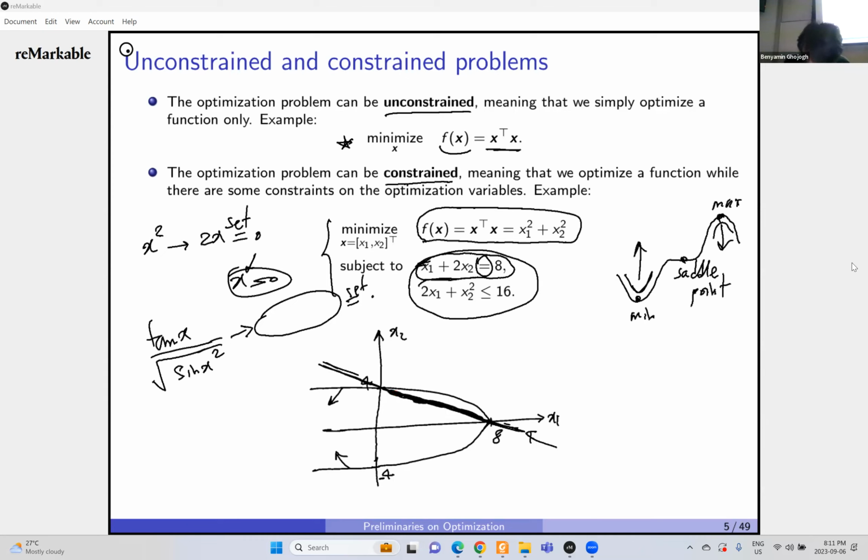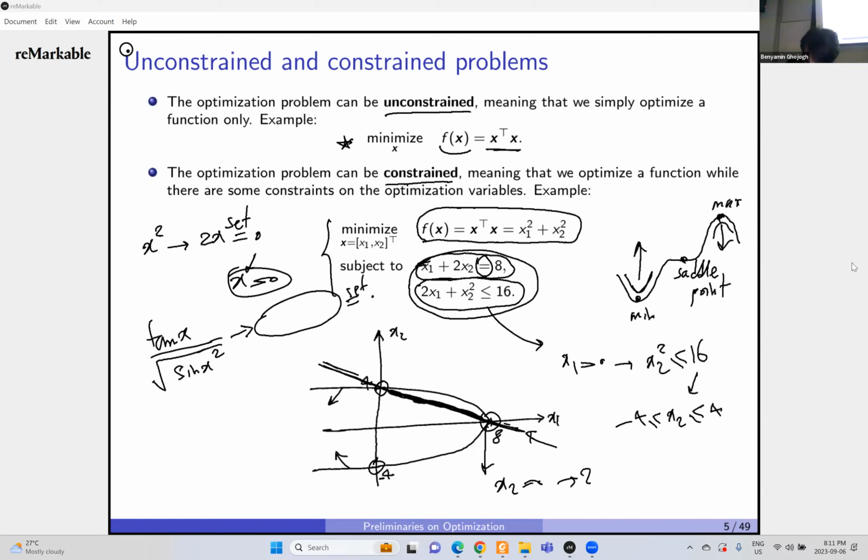Now take a look at the second constraint. This is a quadratic function. You can find 3 points by putting points in it. For example, if you set x1 to 0, what happens? x2 squared is less than 16, then x2 is between -4 and 4. So you found these 2 points. You can also find this point by setting x2 equal to 0.